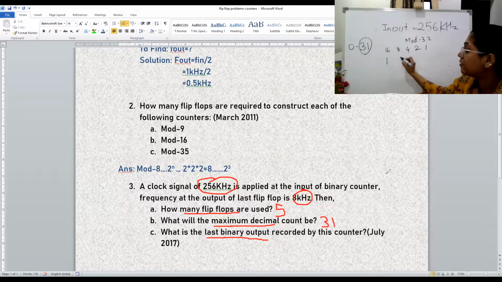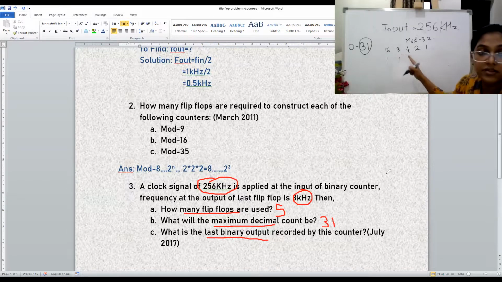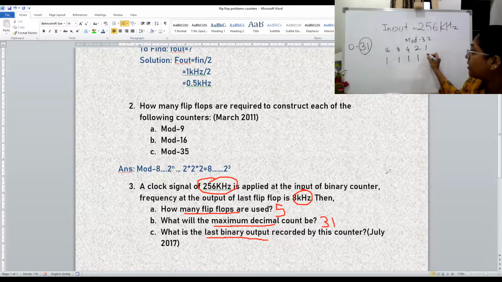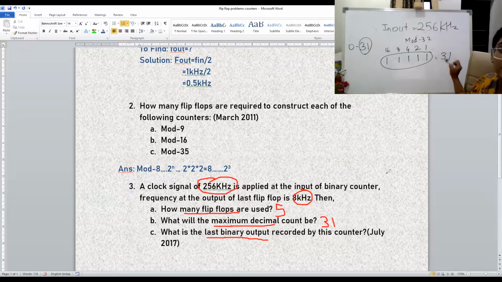1, 16 plus 8, 24. ठीक है, प्लस 4 28, 29, 30 and 31. So this is the binary value of 31. So this is the last binary output that you are going to get.